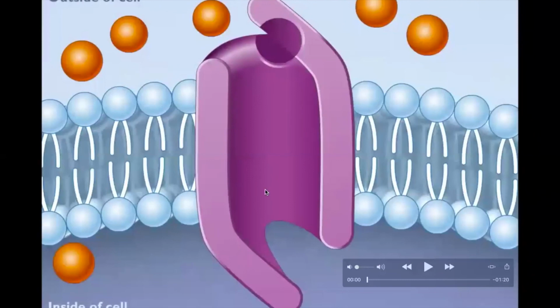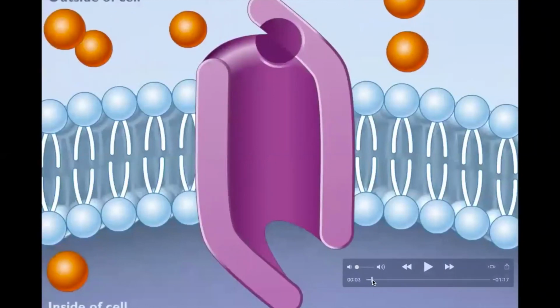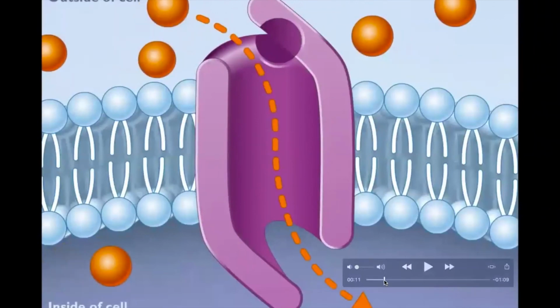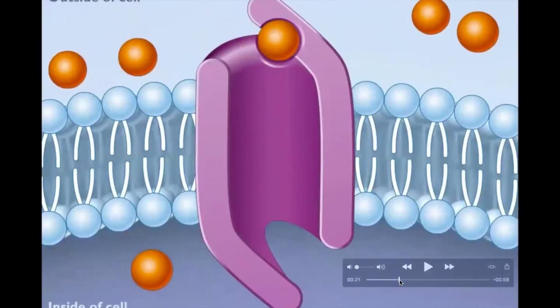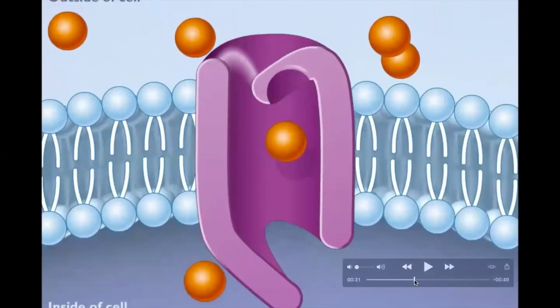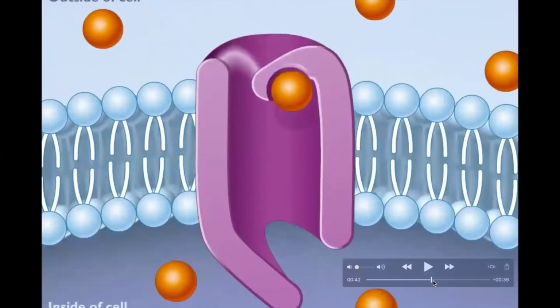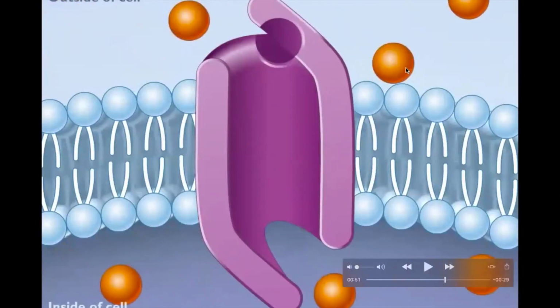This doorway is made out of protein, and it is going to help the particle get in. By help, I mean it's just going to be an open door so the particle can get itself through until it's evenly balanced on both sides. This did not require any of your energy.